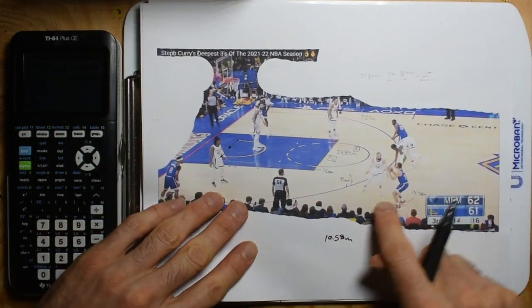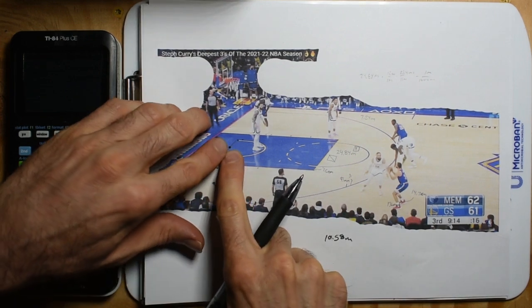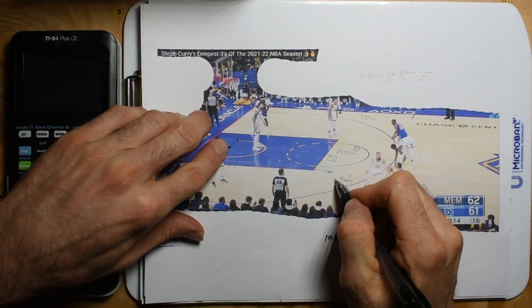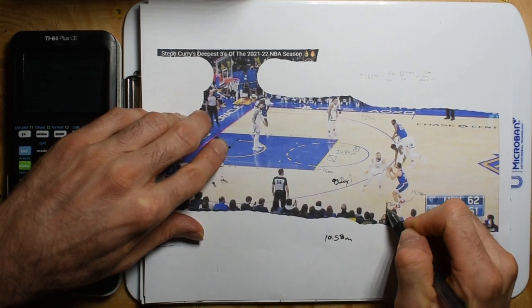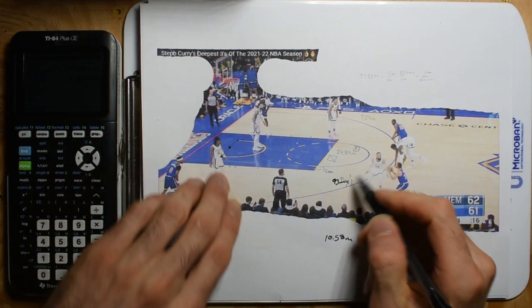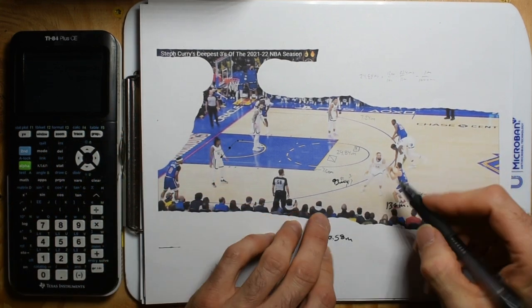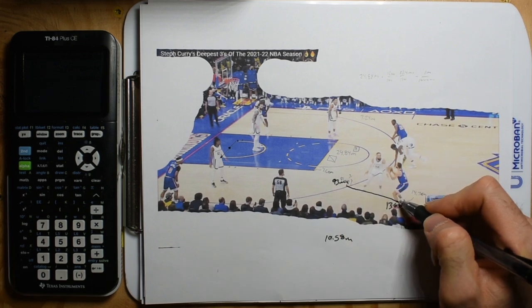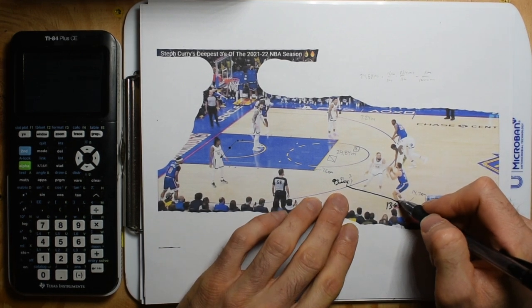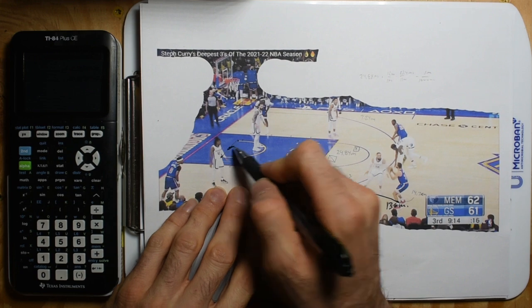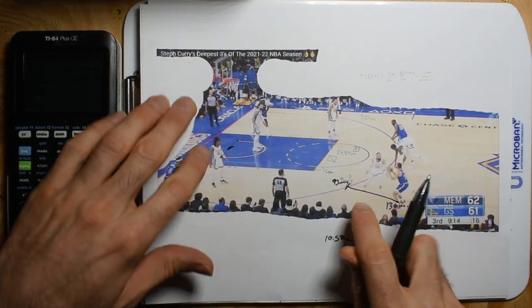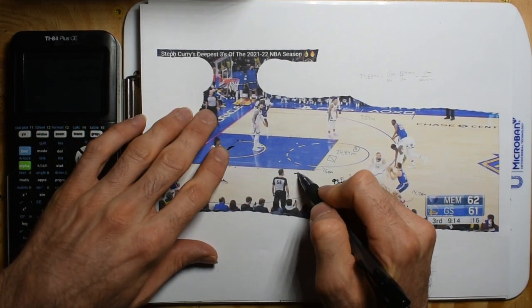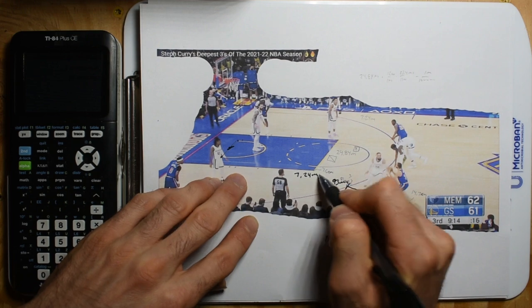I measured with my ruler from there to there. We got 93 millimeters, and then to here we got 136 millimeters. And just by the way the camera is, I definitely know that this distance is 7.24 meters.